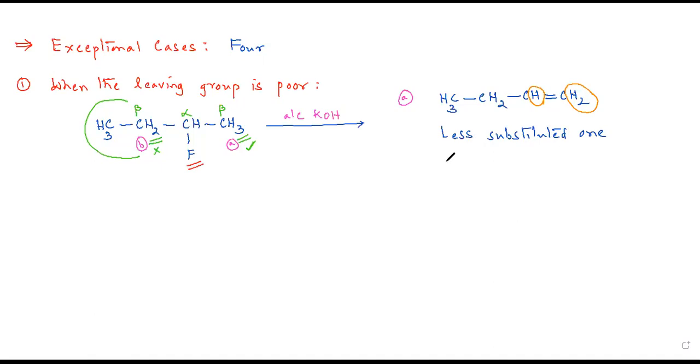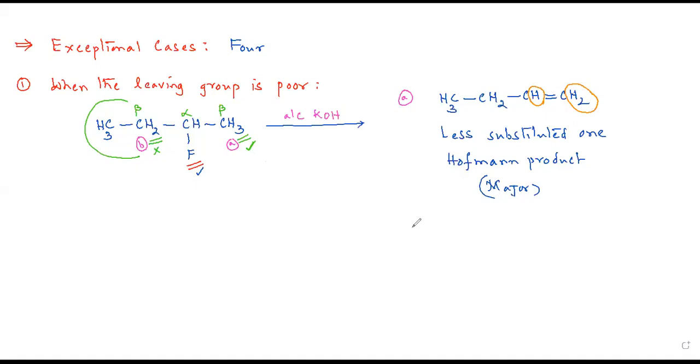But still, as I said, in this case, removing this hydrogen is easy. So here the Hofmann product is major, because the fluorine is reluctant to leave. If you want to make it leave the substrate easily, of course, you can eliminate that along with this hydrogen, which is easy to remove.